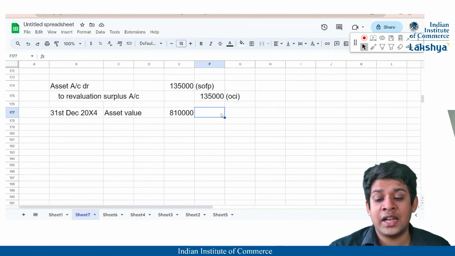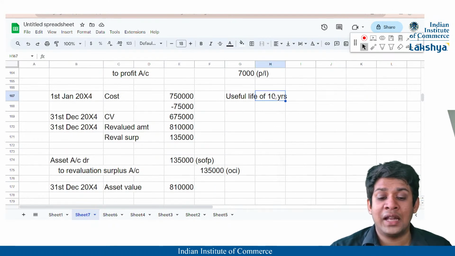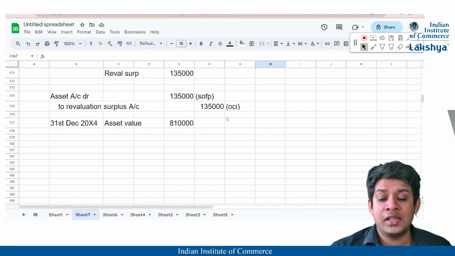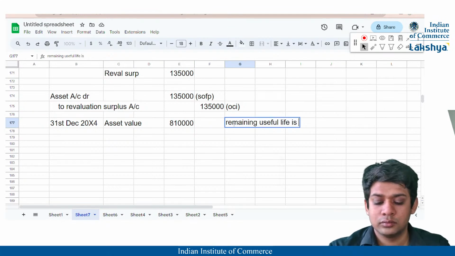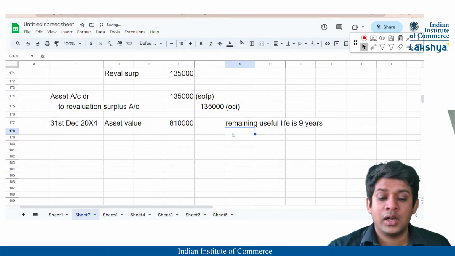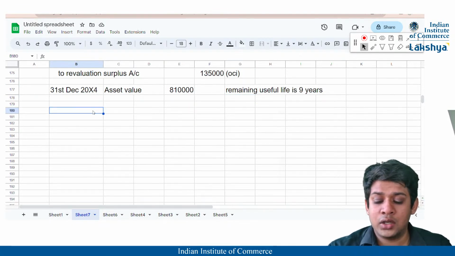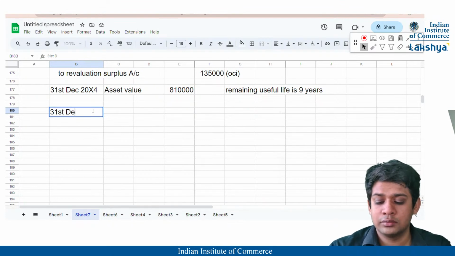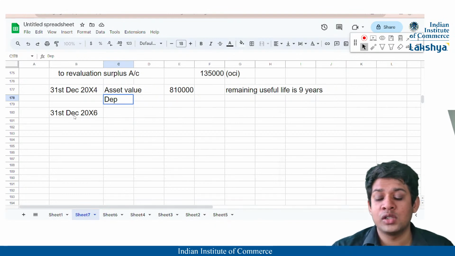Now the asset's new value is $8,10,000 and I have charged depreciation of 1 year. Its useful life in total was 10 years. I have charged depreciation of 1 year, so the remaining useful life is 9 years. So for calculating it till 31st December 2016, I will have to charge depreciation for 2 years, because from 2014 to 2016.